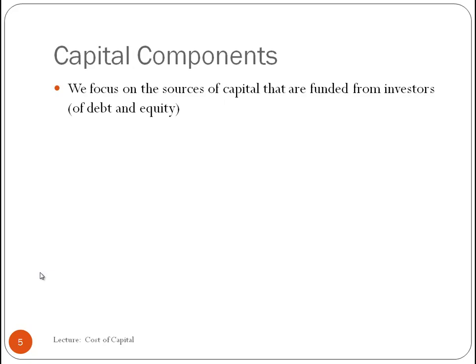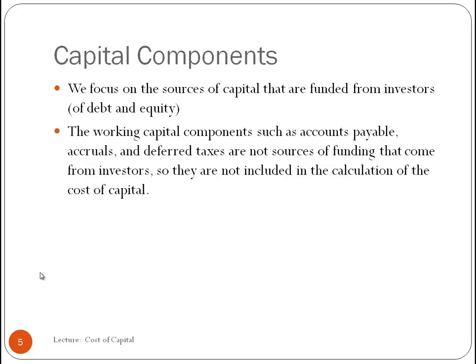So now, we focus on the sources of capital that are funded from the investors of debt and equity. There's other capital that the company deploys, such as the working capital, that is not funded by the investors. It's funded by the vendors of the company, for example, or by the government for deferred taxes and things like that.